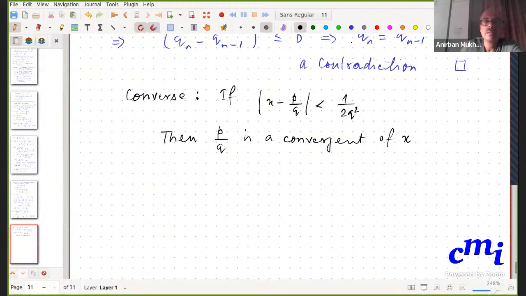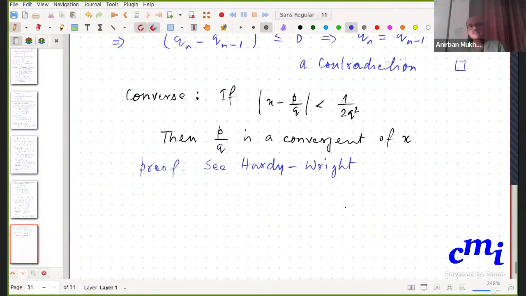So I'm going to skip the proof. Please see Hardy and Wright. This is the last theorem of that chapter.